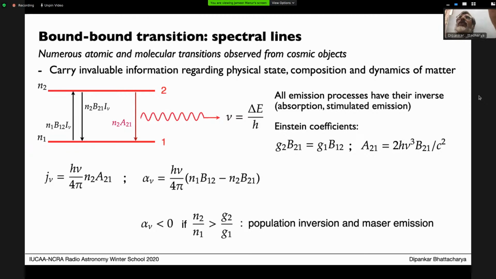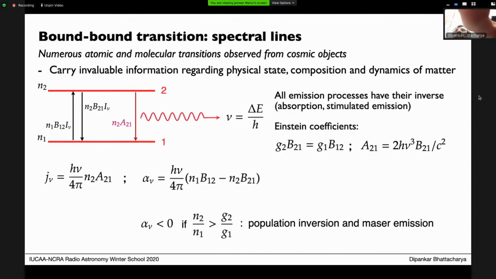Now, there's also this process where an electron in state 2 can make a spontaneous radiative transition to state 1 and create a photon of frequency nu, which is equal to delta E by h. So this spontaneous emission process is the emission process that we know about.